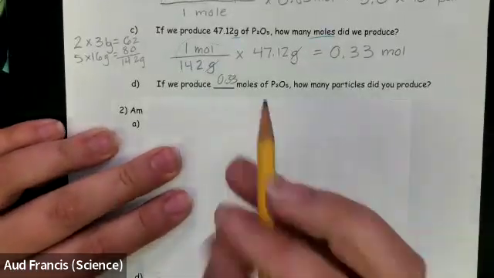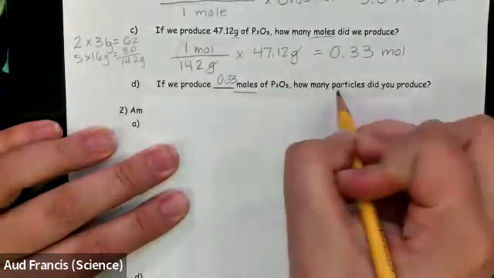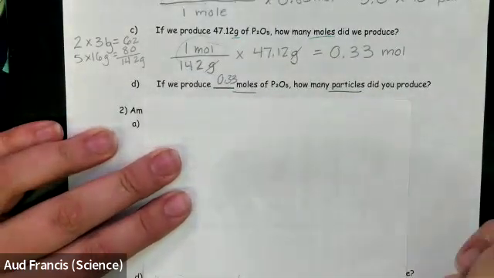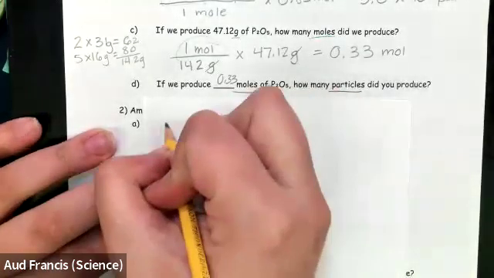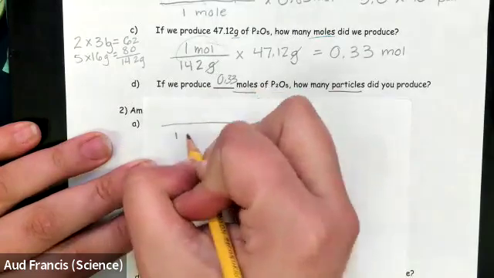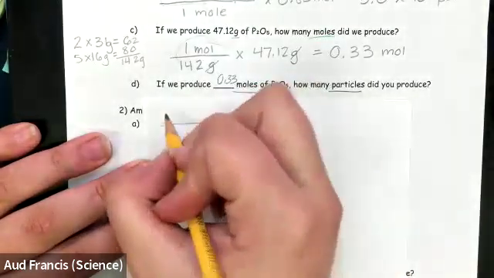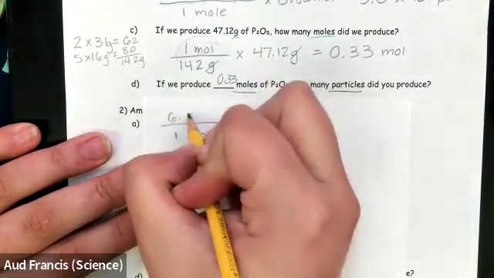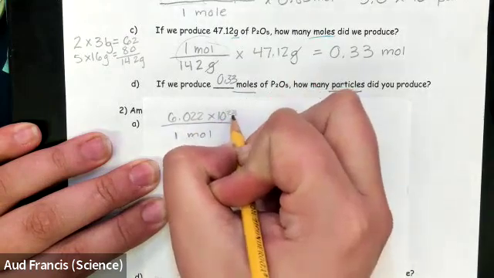So to solve this out, we're looking for the relationship between moles and particles. So I know my number of moles. I'm going to put that on the bottom. 1 mole. The number of particles in 1 mole never ever changes. Always that 6.022 times 10 to the 23rd power.